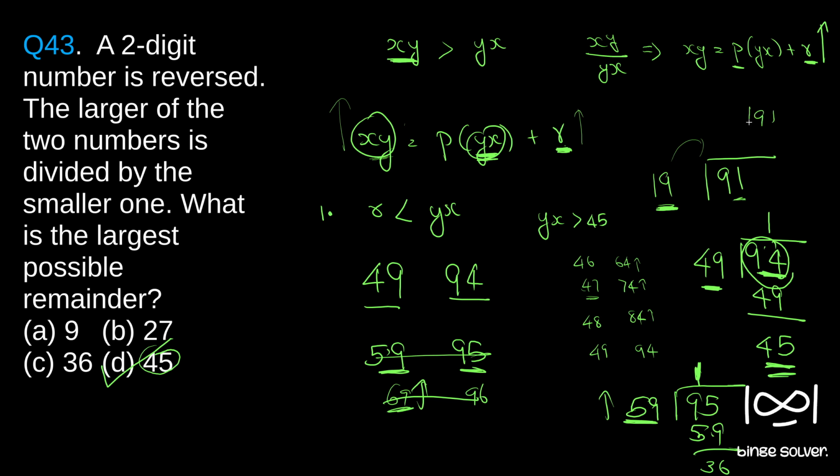If you take 91, this number should be greater than 91 by 2, that is, at least 46. 46 into 2 won't come to 91, only 46 into 1 comes. So 46, and we'll get a large remainder. That logic you have to get. As you practice more and more questions, you will get such logics. I hope you understood this question.